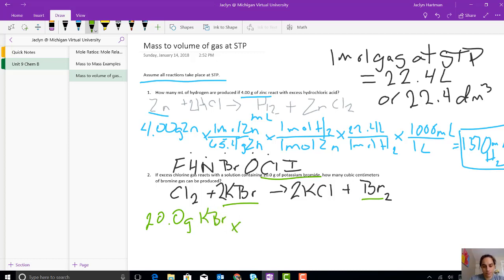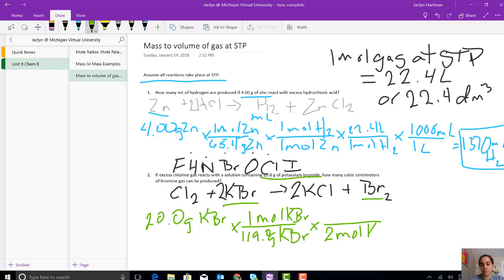Always convert that given to moles if it's not already there. The molar mass of potassium bromide is 119.0 grams per mole. Now, I want to go from moles of potassium bromide to moles of bromine, so I'm going to use the coefficients from my balanced equation to do that.